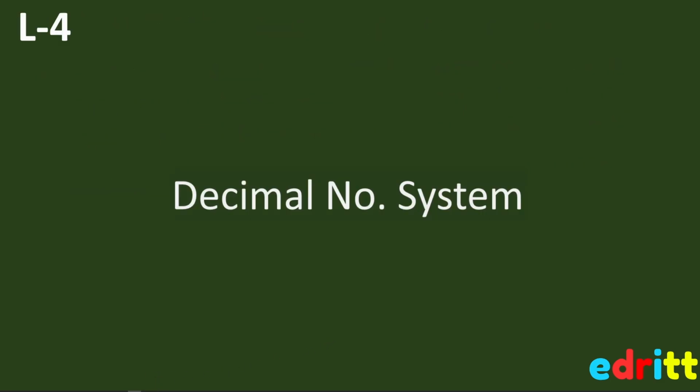Now we'll move to the decimal number system. In the decimal number system, a total of 10 symbols are available, which says the radix r is equal to 10. Now, what are these 10 symbols?